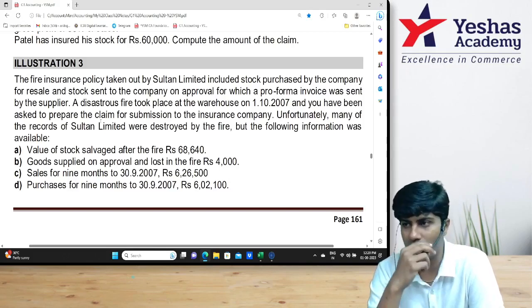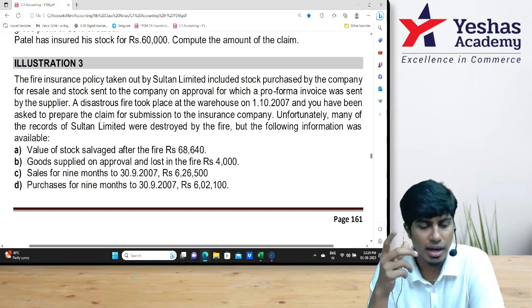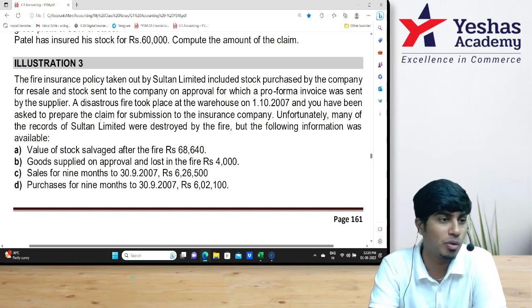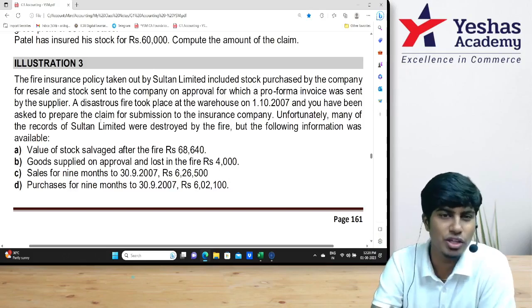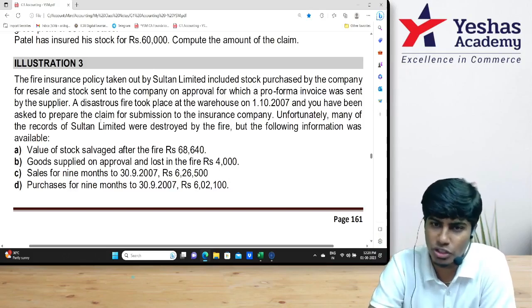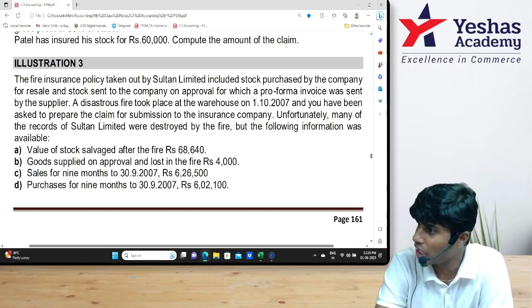Okay, so there are two things. One, they purchase goods for resale, and they've also taken goods on return or approval basis for which the sender has given a pro forma invoice, meaning you don't have the ownership of those goods. You only have the possession of those goods. But will you get an insurance claim on that also?